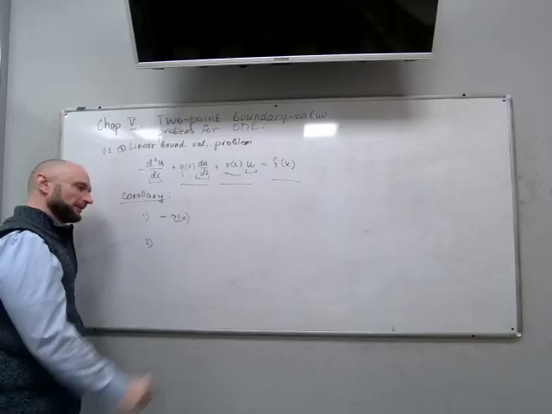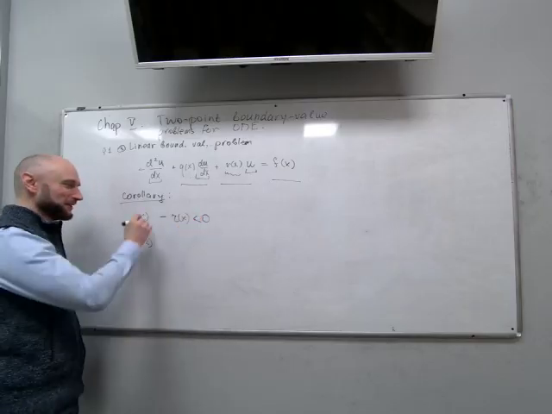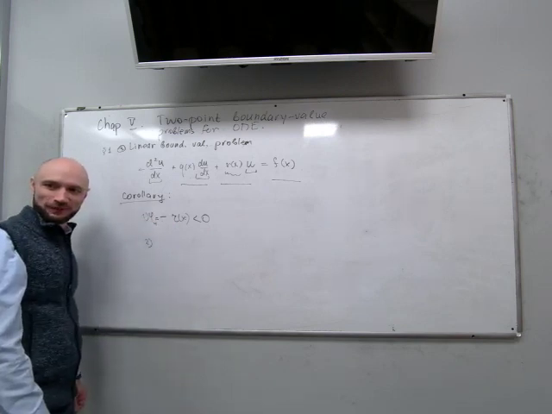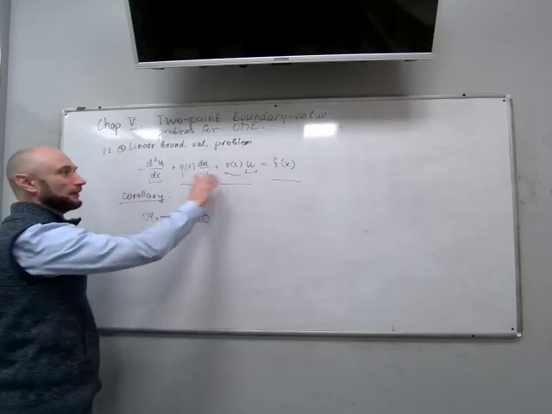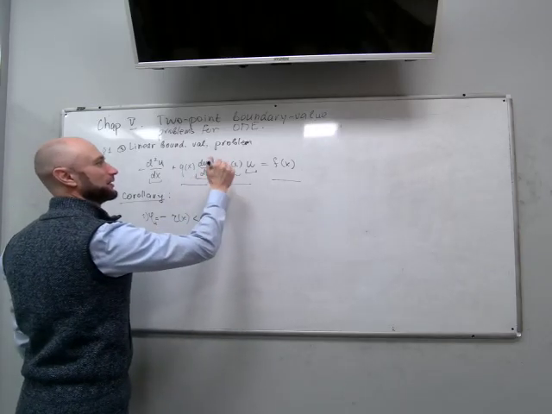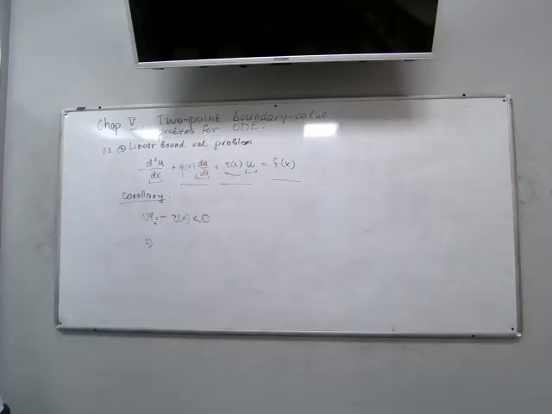Yes. It should be less than 0, because this is the derivative of phi by u. Where is the R? This is r. I'm writing r differently in different places, so this is r of x.